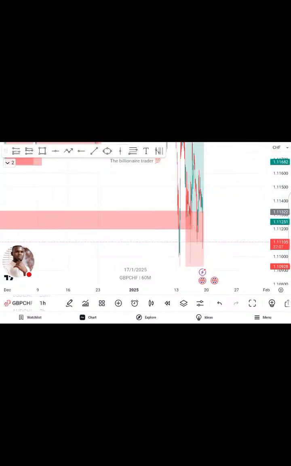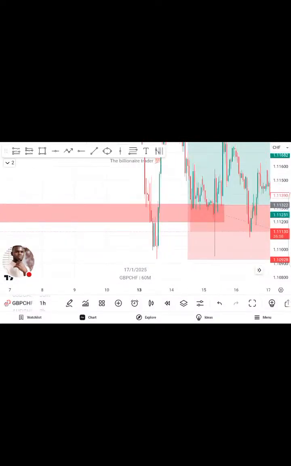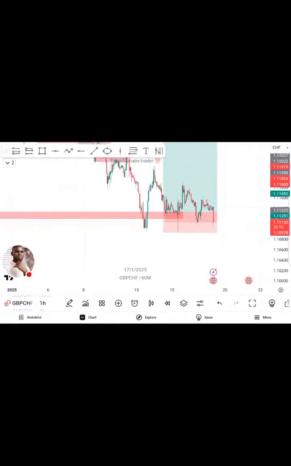After the invalidation, you can see the strong candle that broke above the demand zone with an FVG there. So it's expected that price will come back to that area for a buy. And that's what actually happened, but this is not a nice trade.